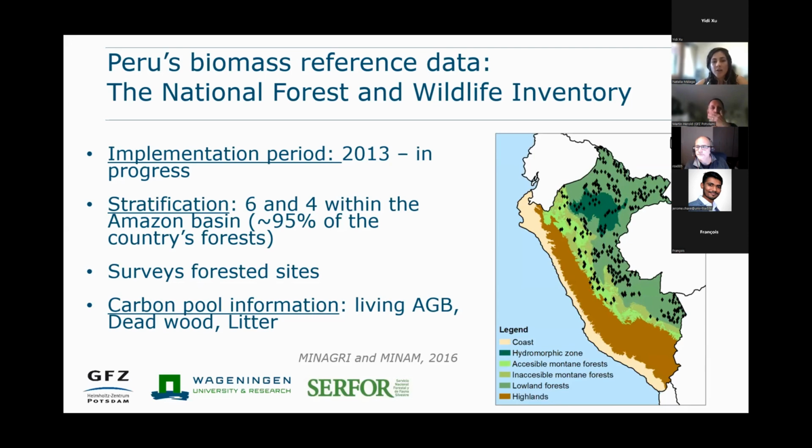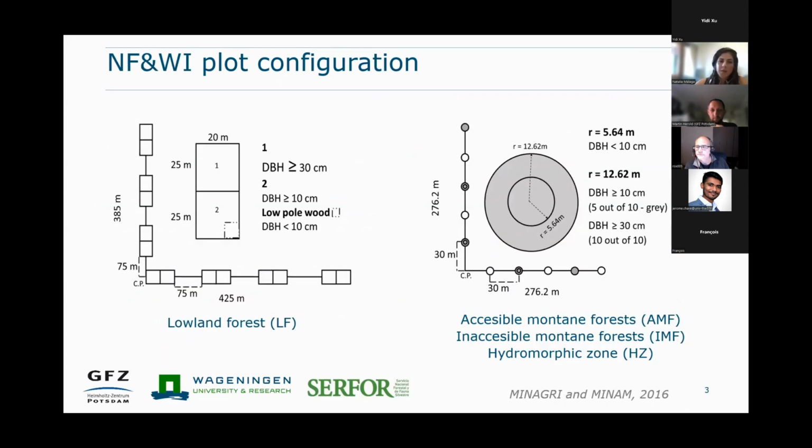The National Forest Inventory just visits those plots that are forested or presumably forested sites, and among the carbon pools that they collect information for are above ground biomass, dead wood, litter, and, for a very few of them, also soil.